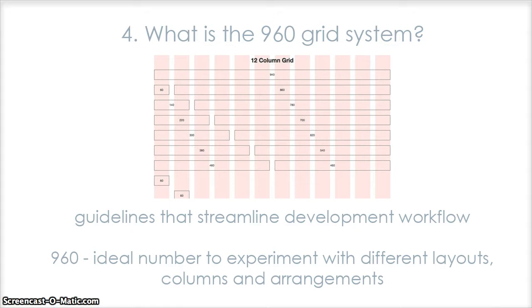It's the ideal number to work with because you can make long columns, and then it divides up evenly, so you can have shorter columns, longer columns, just a wide range of columns. We'll look over some examples of that in a little bit, and it's a little bit easier to understand when you actually look at it on a website. But it's just a great mathematical way, I guess, to lay out a website.